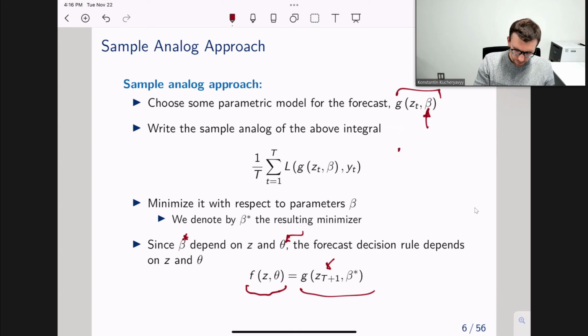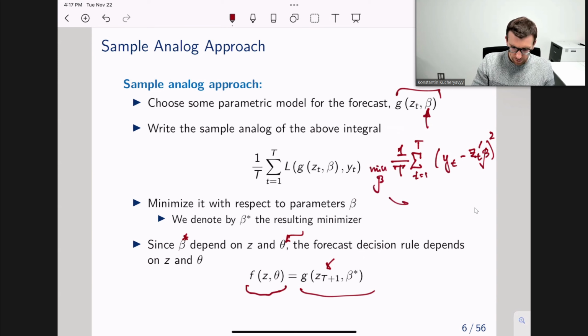And so, for example, a simple example of this would be least squares, quadratic loss function, a linear least squares with a quadratic loss function. So we can write (y minus z_t prime beta) squared, and we minimize it with respect to beta.